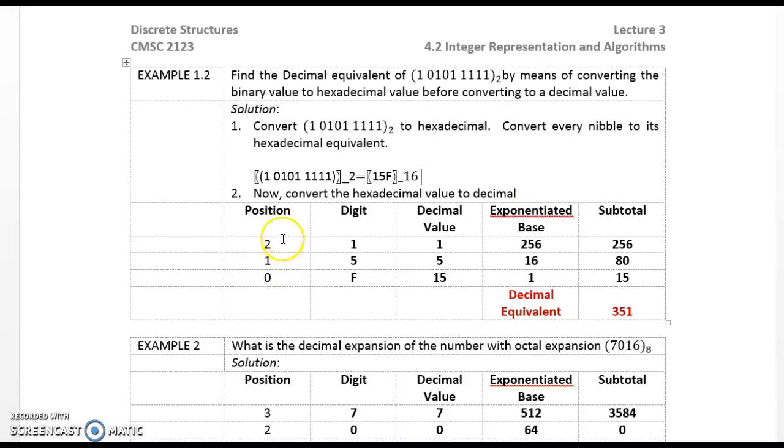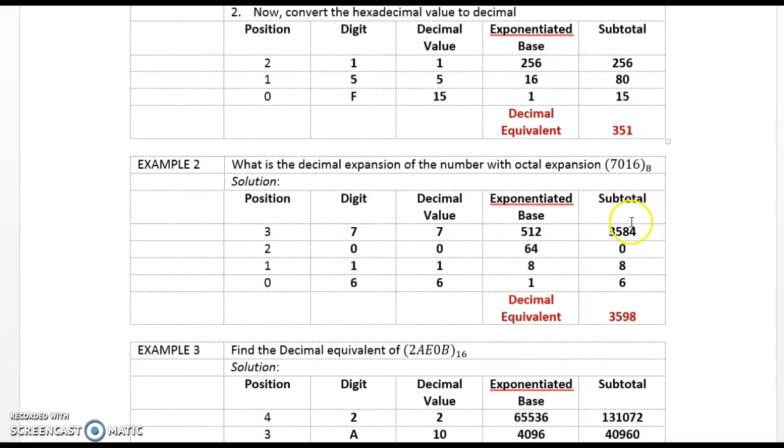I only have 3 positions and 3 digits. Of course, F translates to 15, and so I multiply this out and get 351, the same as I did before.